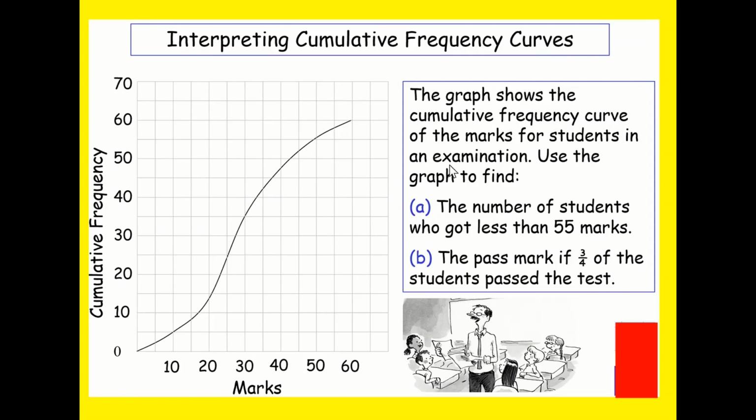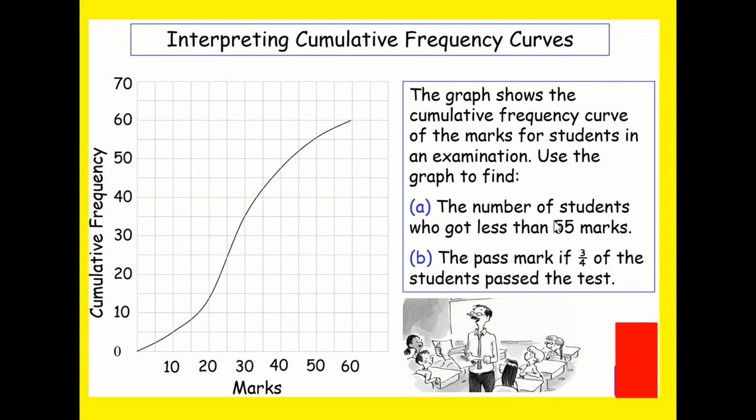All right, the first one, use the graph to find the number of students who got less than 55 marks. By definition, that's what the graph is telling us essentially. So here where I've got my cursor, it goes exactly through the corner of a square. So it's going to be that 25 people got less than or equal to 25 marks.